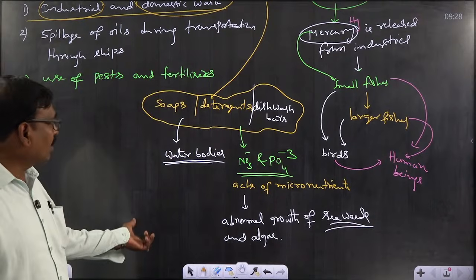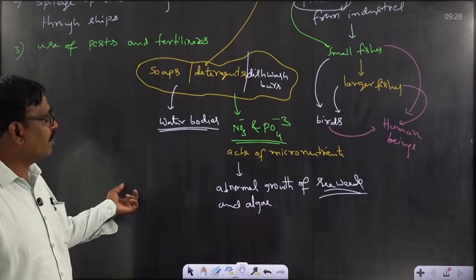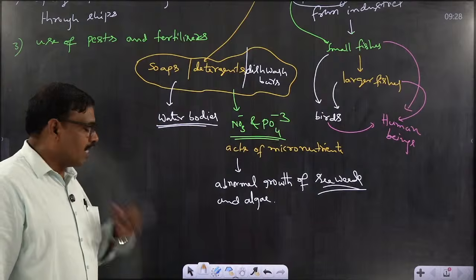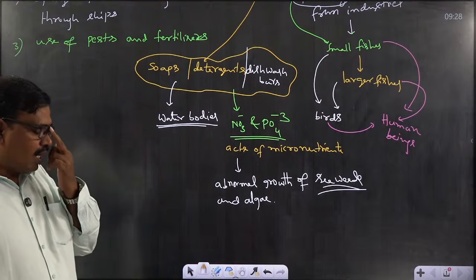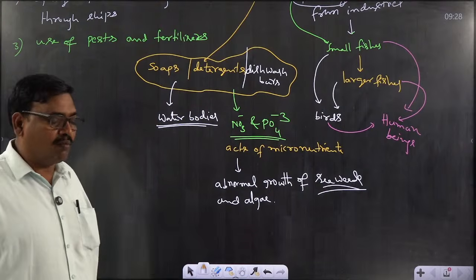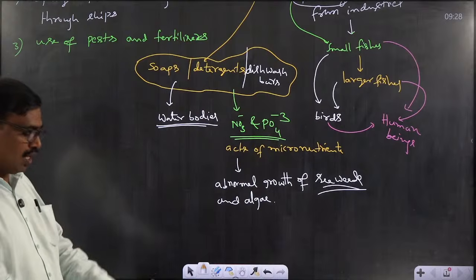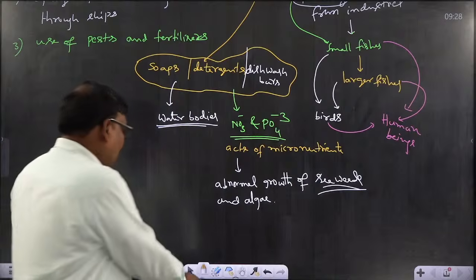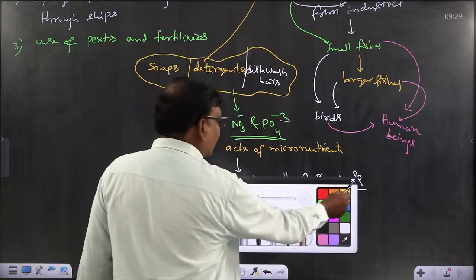That's why the lake will be occupied entirely by the seaweeds and algae, so the fall of sun rays into the water body decreases due to the occupation of these green algae. That's why gradually oxygen levels decrease.